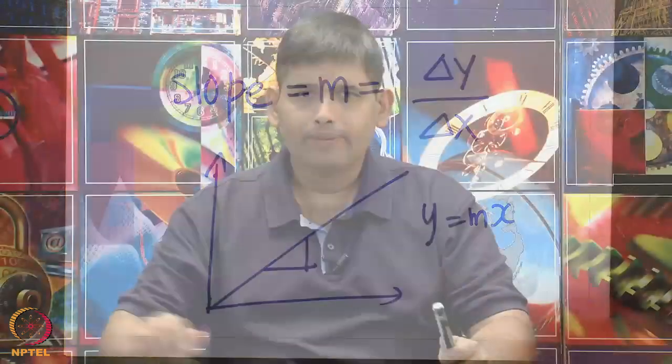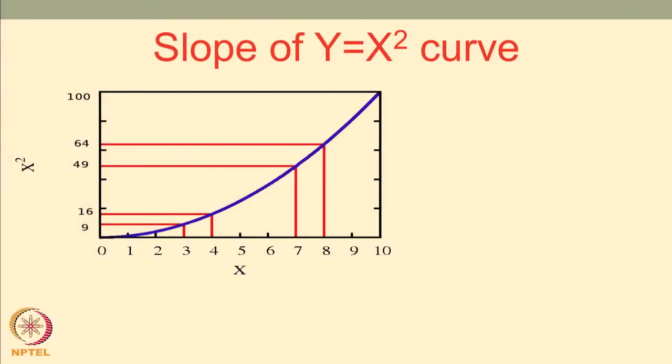We also briefly mentioned that if you have a curve like y is equal to x square, we can also find the slope. How we do that is something we will see in detail today if it is not a linear function.